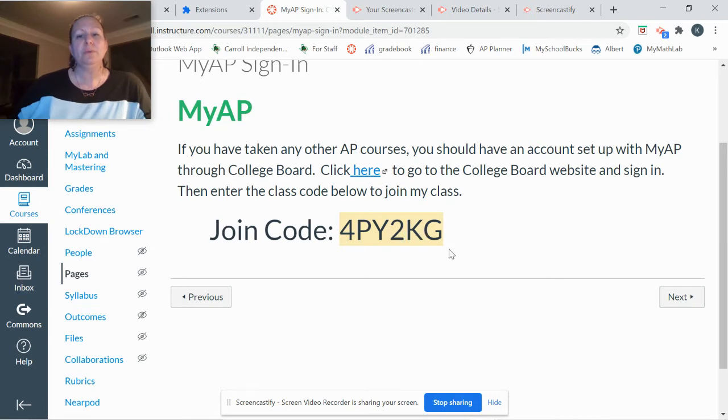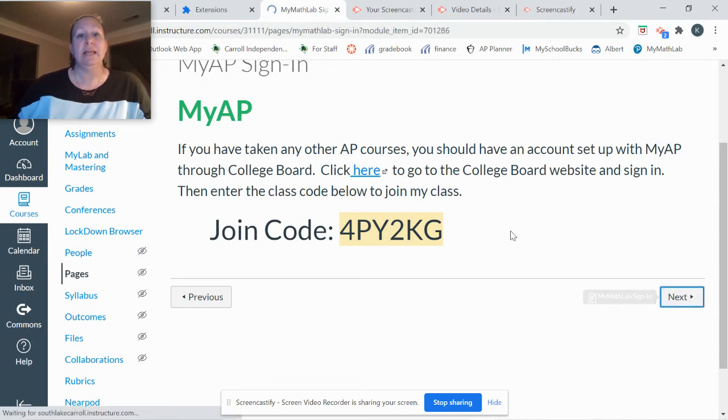So this will be our class code for My AP. So I need you to go in and sign in. And then while you're there, if you already know whether or not you're going to take the AP test in May, then you can go ahead and click yes. I think the default is yes, and we'll talk about that more as we get into the class this semester, but that's where you'll be going to sign up for your AP test. So pause the video and go sign into College Board.